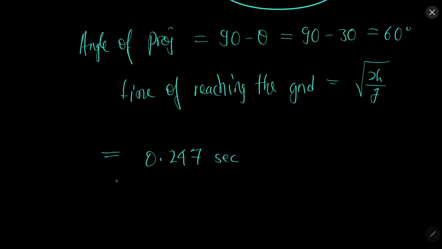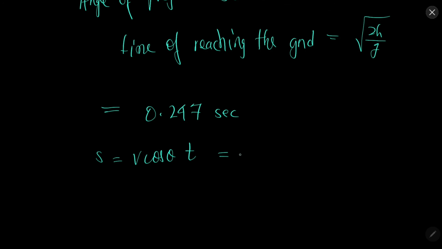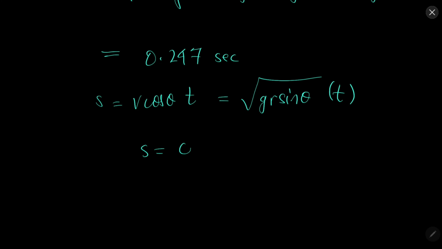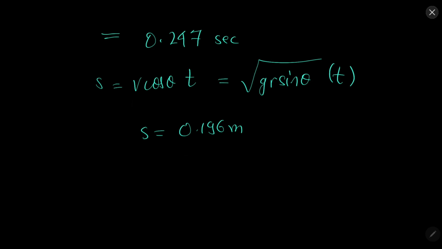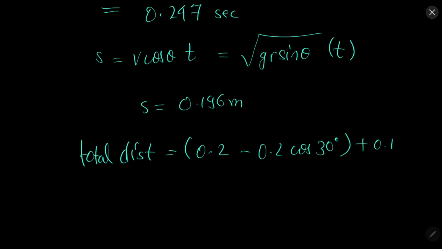Now one more thing, distance traveled in horizontal direction will be equal to v cos theta into t. So it will be root gr sin theta into t. So it will come out to be 0.196 meter. So total distance will be 0.2 minus 0.2 cos 30 degree plus 0.196, that is approximately 0.22 meters.